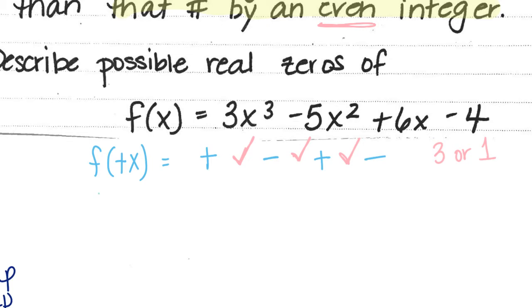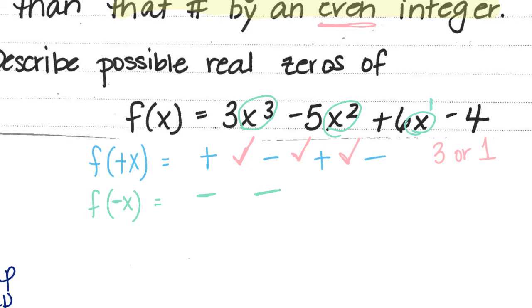Now the next part is just saying what happens if I make this a negative x. Well, I know that an odd power will change because negative 1 to the third power is a negative. This will not change because it's an x squared, negative 1 to the second power, so that one will not change.